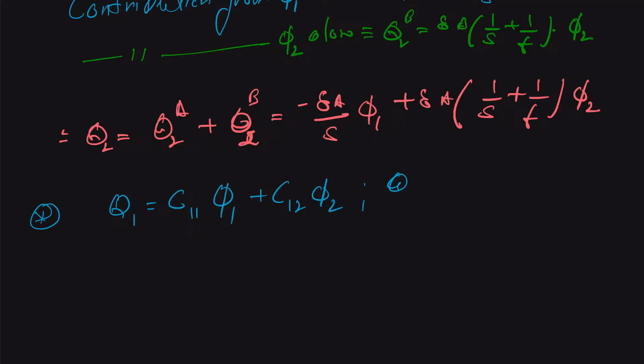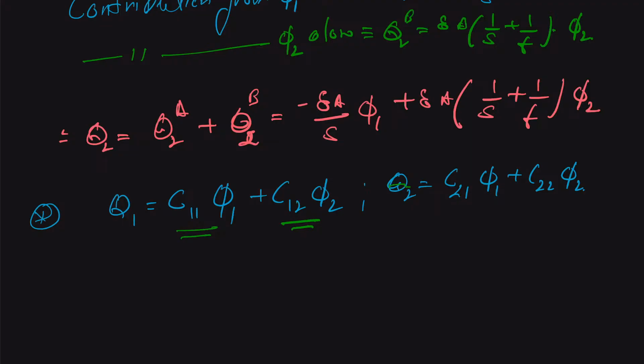Similarly, the charge on plate 2 will be C21 phi 1 plus C22 phi 2. This is also the direct relationship of our statement, because we know that charge is nothing but the product of capacitance and potential. This term is because of phi 1, and this is because of phi 2. Similarly for charge Q2.